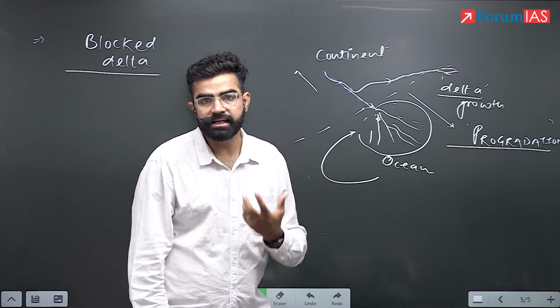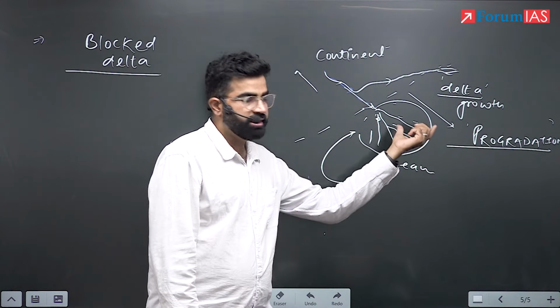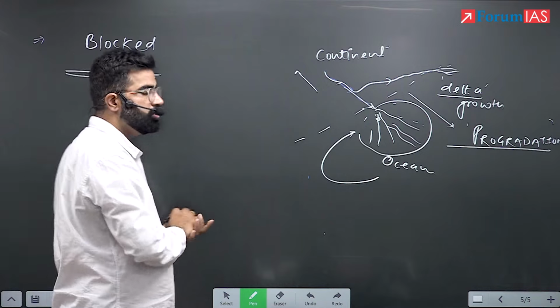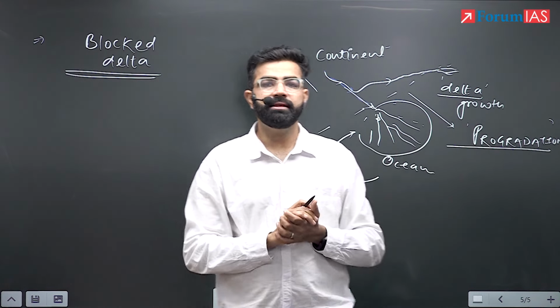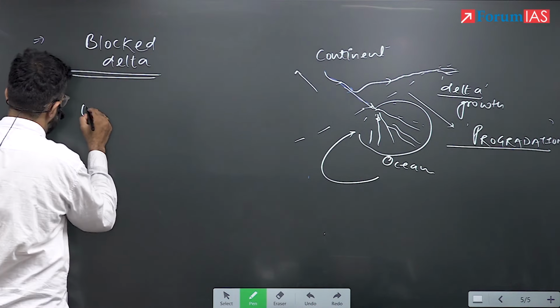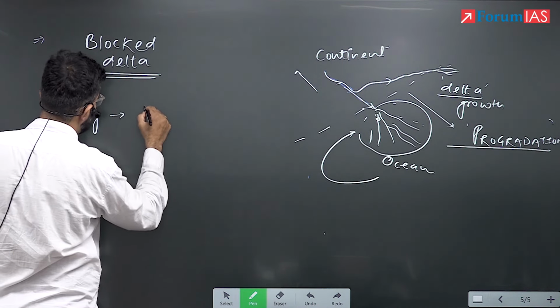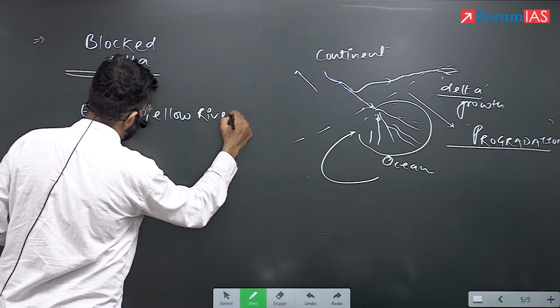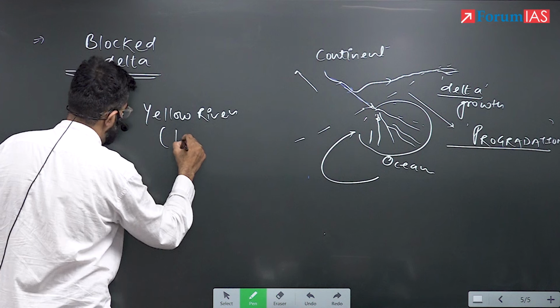So this type of deltas where the progradation itself has been blocked are known as blocked delta. The classical example of blocked deltas, number one, is the delta formed by the Yellow River in China, also known as Huanghe River.